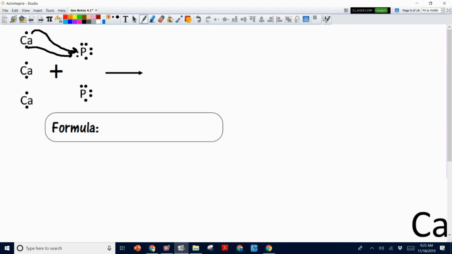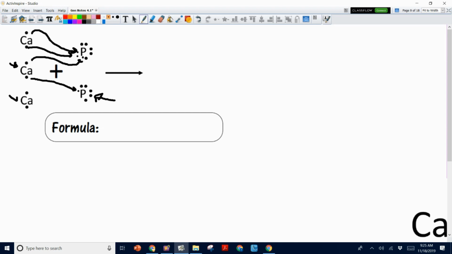So we have to add another calcium, and that's this calcium here with 2 more dots. So this dot is going to come up here and go there. So now phosphorus has 6 dots around it. But if we look at calcium, it still has an electron there. So we have to add another phosphorus with 5 dots. Okay, this is going to come over here and go right there. So now we have phosphorus that is lacking 2 electrons.